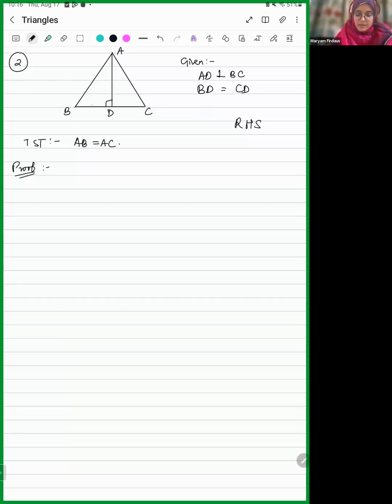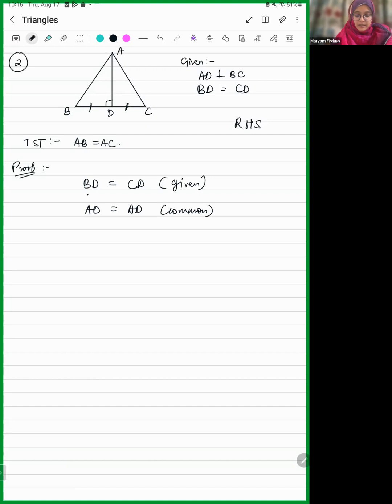Why? Because it is given that BD is equal to CD. AD is equal to AD, common side. And BD is equal to CD. Why? Because it is given.